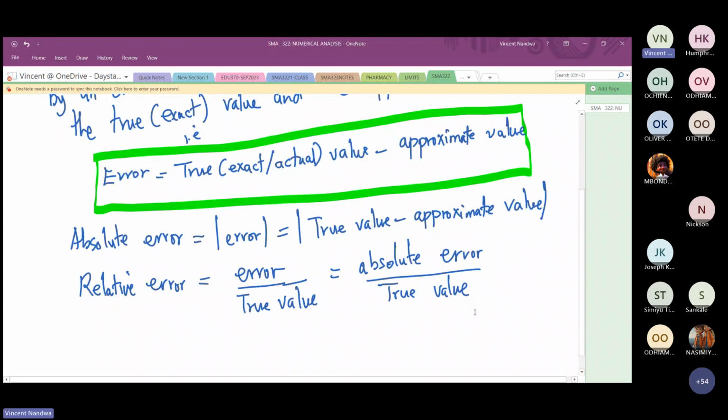Then there's what we call percentage error. How do we compute percentage error? From your Form 3 work.